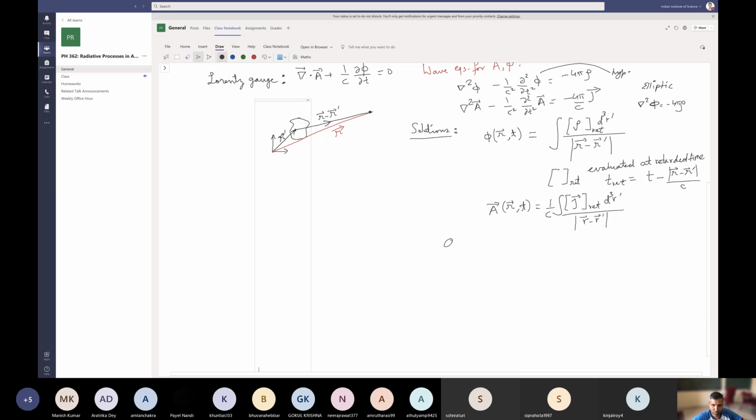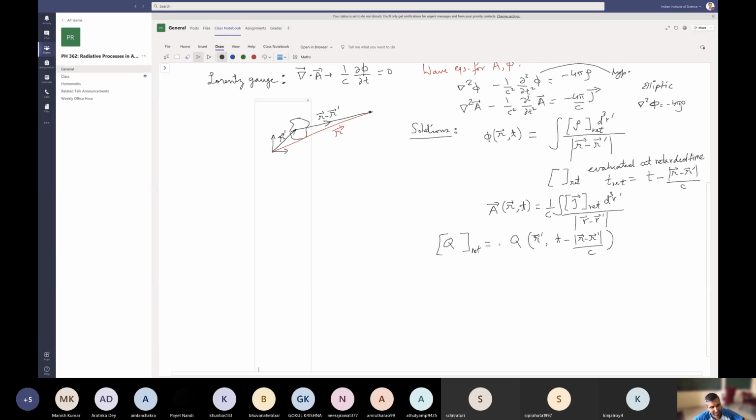Any quantity q, if I use this square bracket and write retard here, means that this quantity q is evaluated at r prime, but at a slightly shorter time. This is called the retarded quantity.